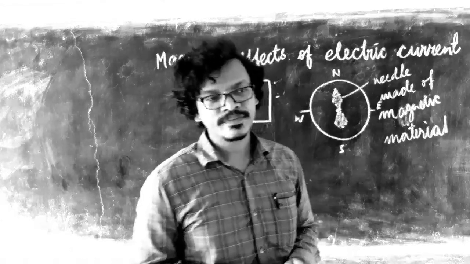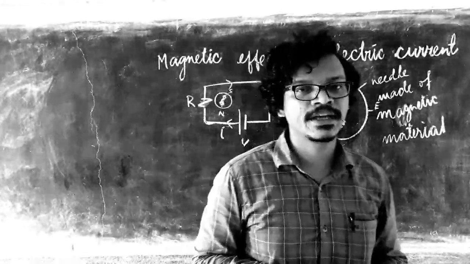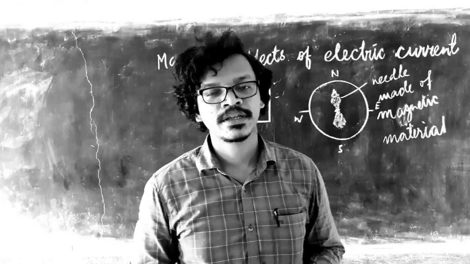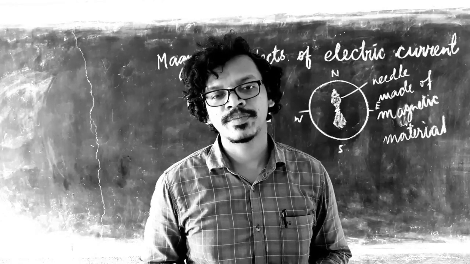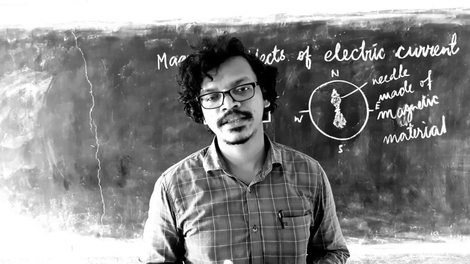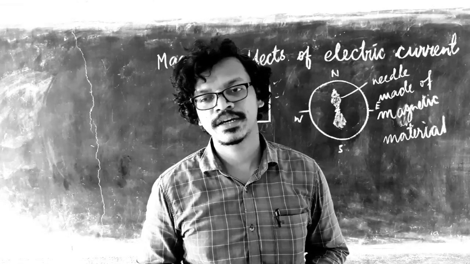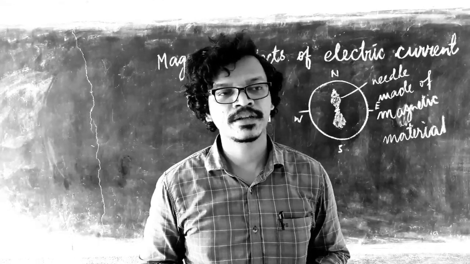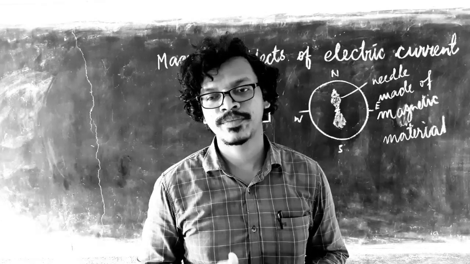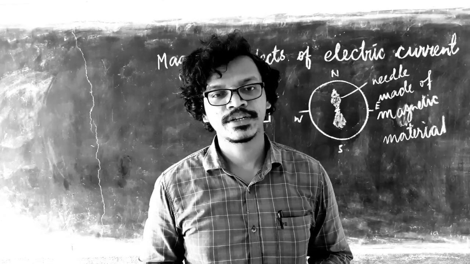So it is used to measure direction. Sailors used to keep a magnetic compass with them when going into the ocean, so that they can understand in which direction they are sailing, whether north or south. This is the main utility of a magnetic compass.